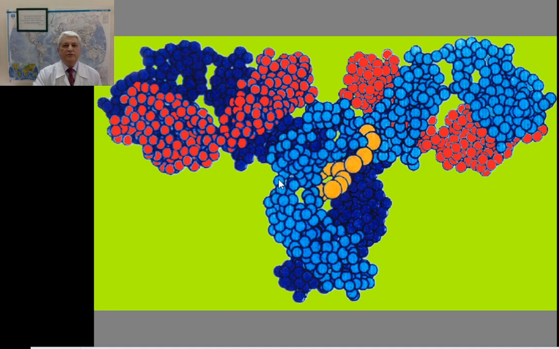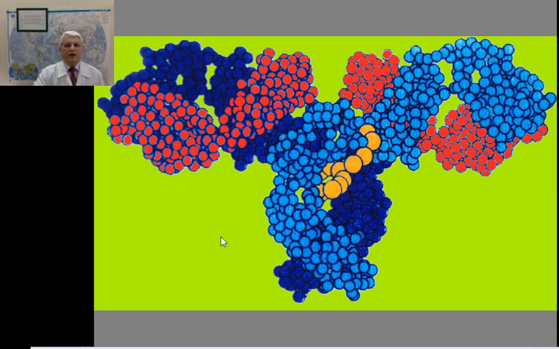Each small ball, shown here in red, blue, and light blue colors, is an amino acid. The molecule of immunoglobulin has very many amino acids, and the molecular mass of the whole molecule is 150,000. So it is a huge molecule.